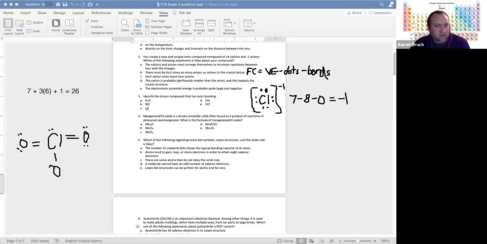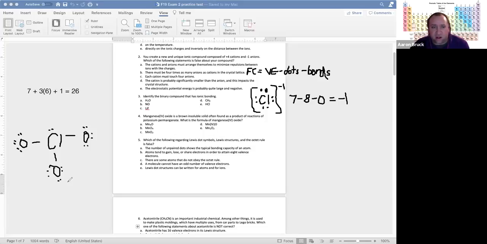If I take this from the straight up position of satisfying the octets for the octet rule, I end up with something like this. I've got 26 electrons: 2, 4, 6, 8, 10, 12, 14, 16, 18, 20, 22, 24, and 26.